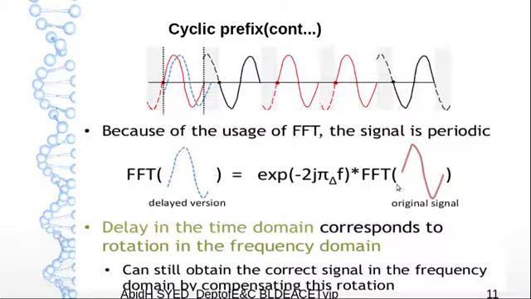This happens when the cyclic prefix is added to the original signal in OFDM. So delay in the time domain corresponds to rotation in the frequency domain. But still the correct signal in the frequency domain can be recovered by compensating this rotation.